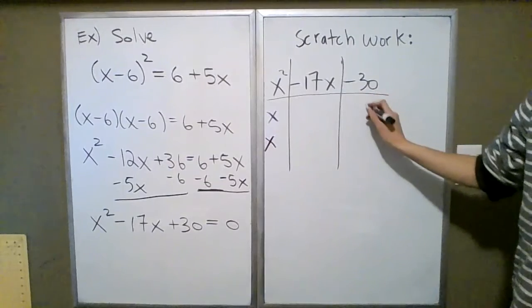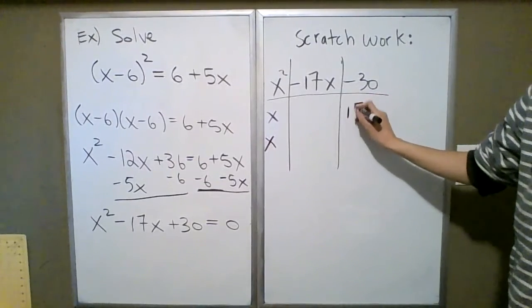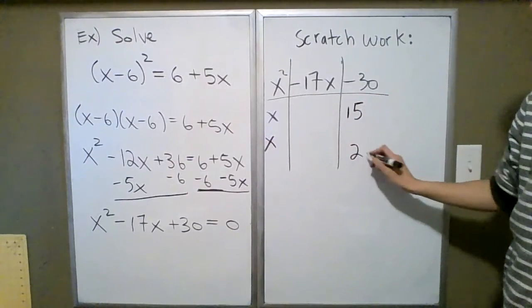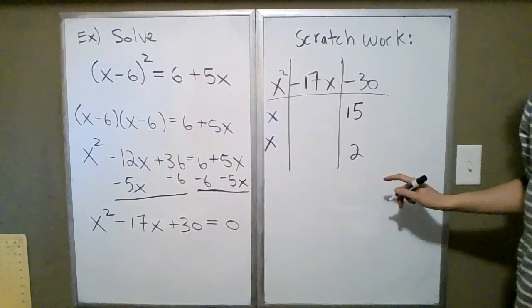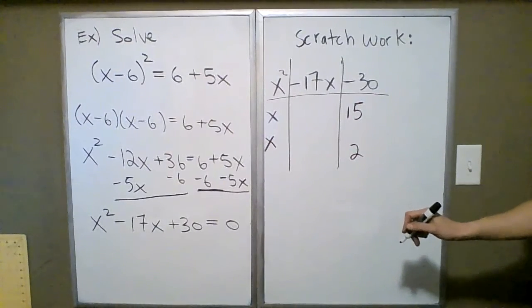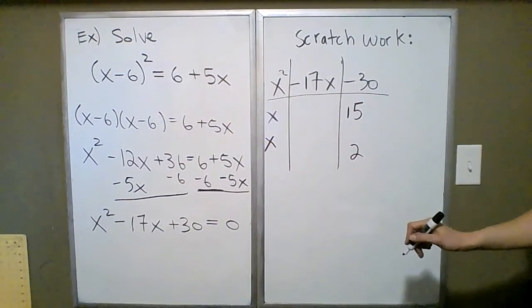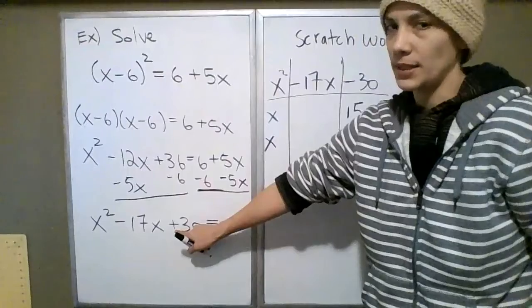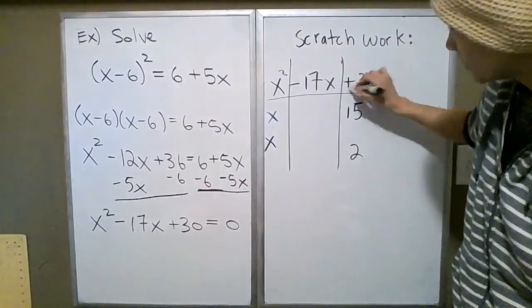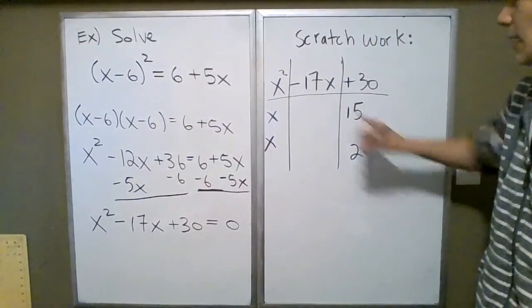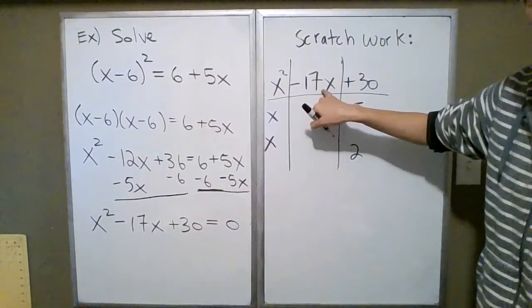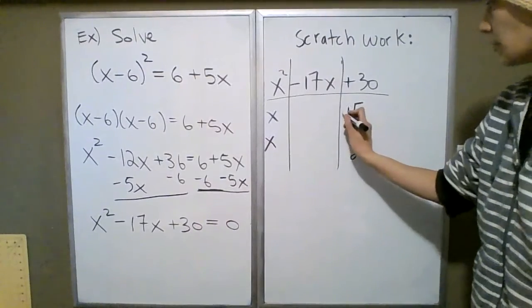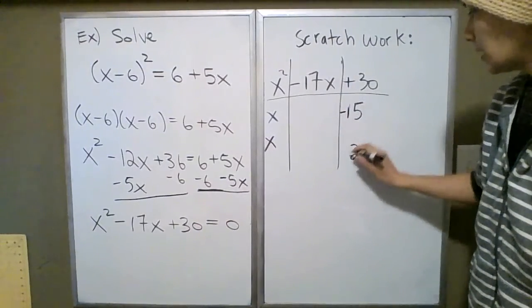For 30, let's go with 15 times 2, and I need a negative sign somewhere. Let's see. Oh, aha, that's my problem. There's a plus 30 here, which means this is a plus 30 right there. And I do need these to add up to negative 17. So put a negative sign in front of 15 and in front of 2.